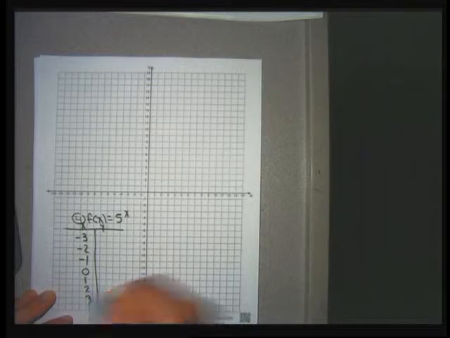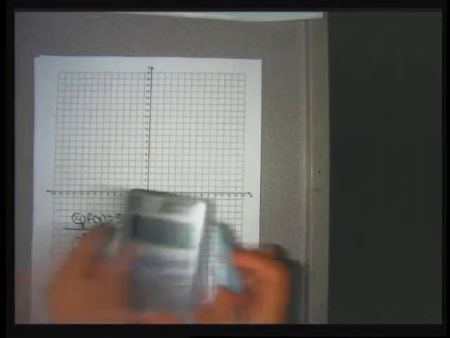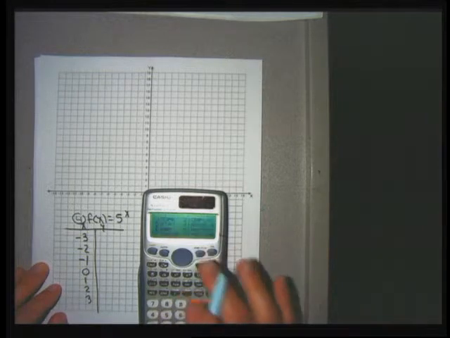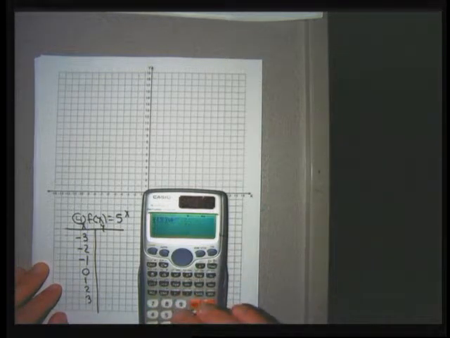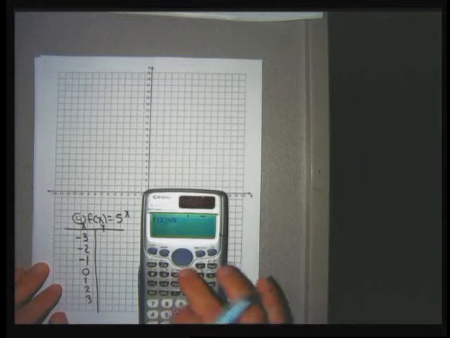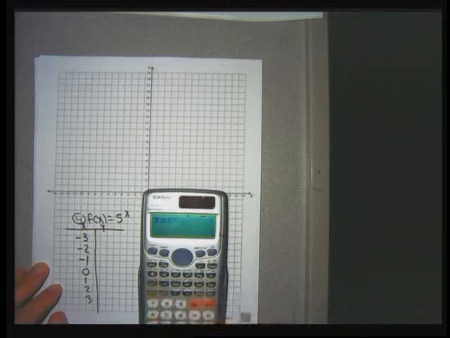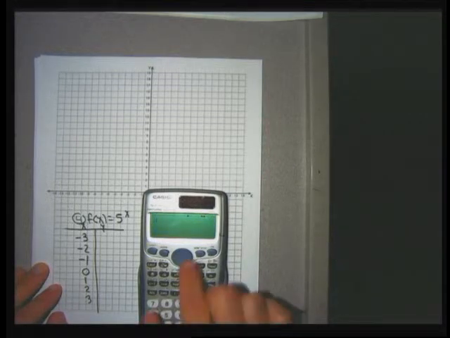This is less interesting to do by hand, so I'm going to do this one all on my calculator for the table. So I'm going to go mode 7 for table, and then 5 exponent alpha x. Start my table at -3, end my table at +3. Step 1.